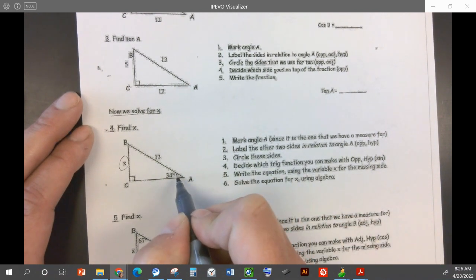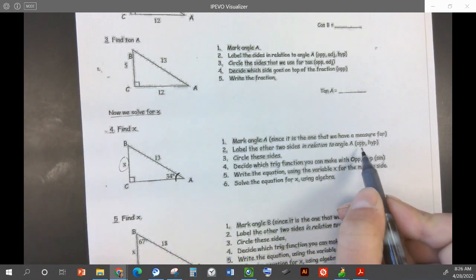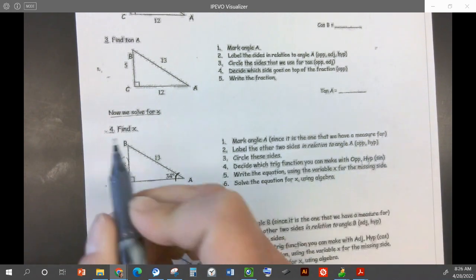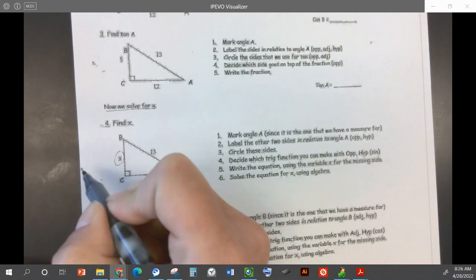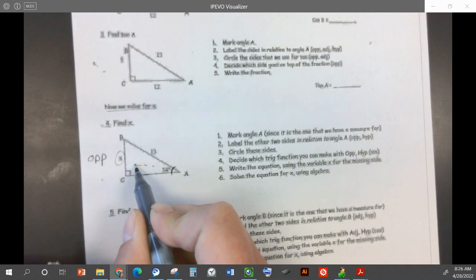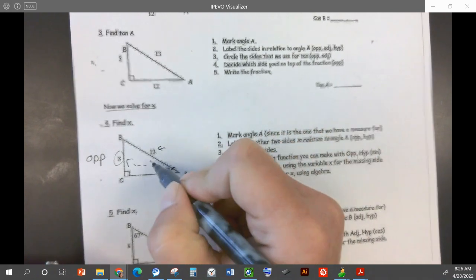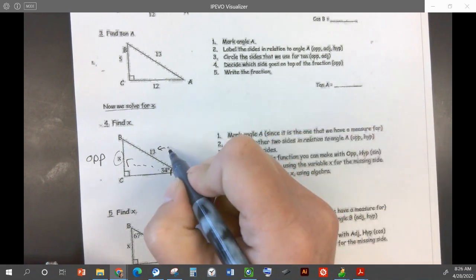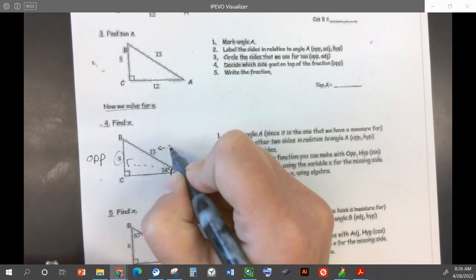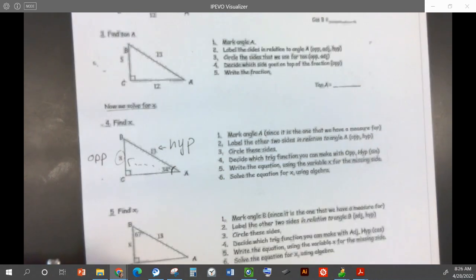It says mark A. So we have the measure of angle A. We need the opposite and the hypotenuse. So this one's the opposite of A. This one is the hypotenuse. So 13 is our hypotenuse. It's the longest side.